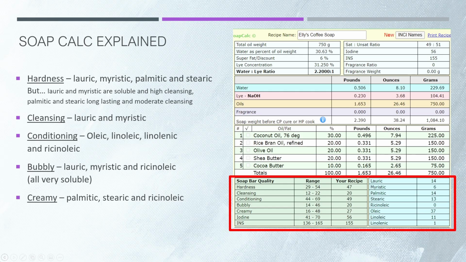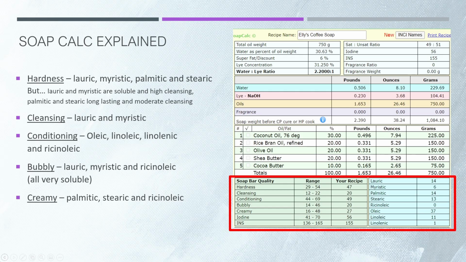Just remember though that linoleic and linolenic have the shorter shelf life and can be prone to DOS. So with conditioning you really want to be focusing on oleic. And ricinoleic, that's your castor oil. You want to keep that in really small amounts too, because too much castor oil makes a really sticky soap and it also contributes to solubility.